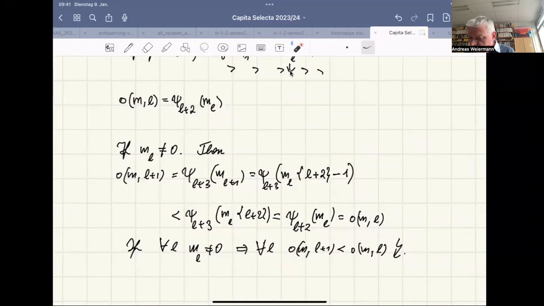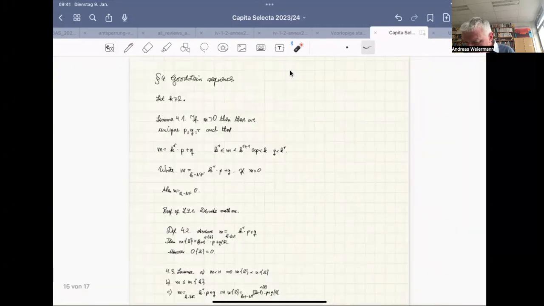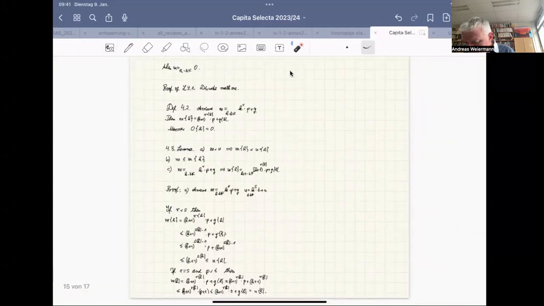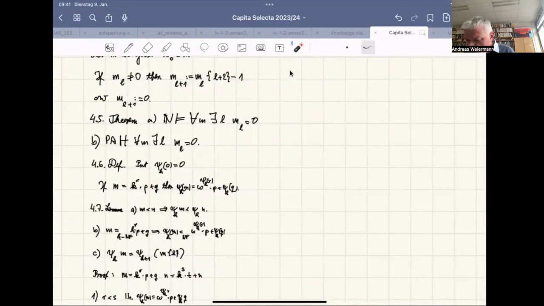Now we want to prove this one here: BA does not prove totality of the Goodstein principle. What we have seen until now is that we have used our ordinals in E to show independence.